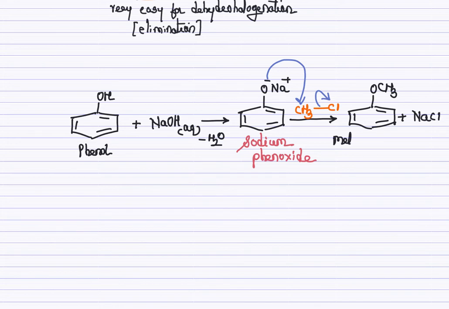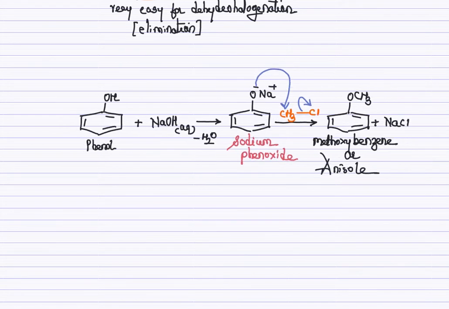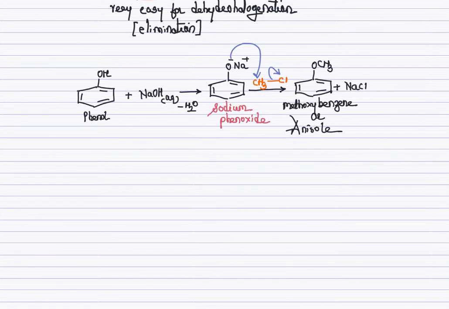This is methoxybenzene, also known by the common name anisole. Thus, this is also a good example of Williamson's ether synthesis, and you find that phenols would also undergo such Williamson's ether synthesis. Okay, so this is more or less from the book part that we have.